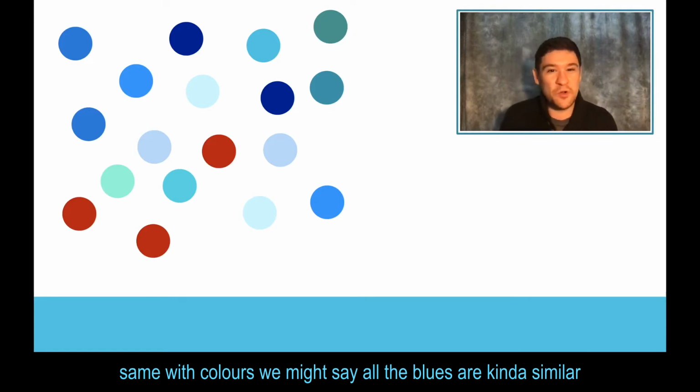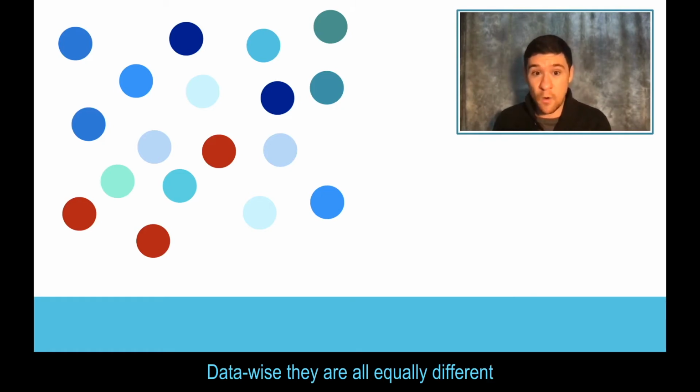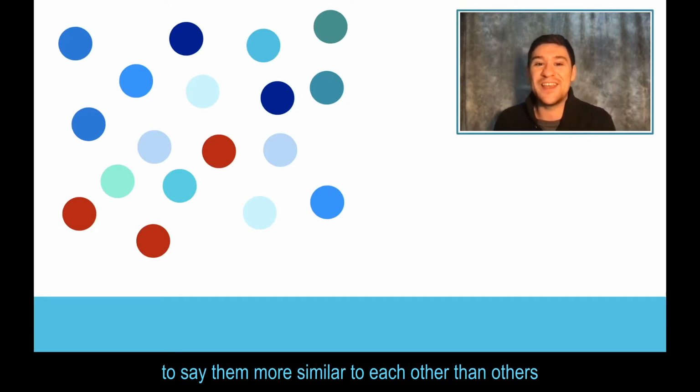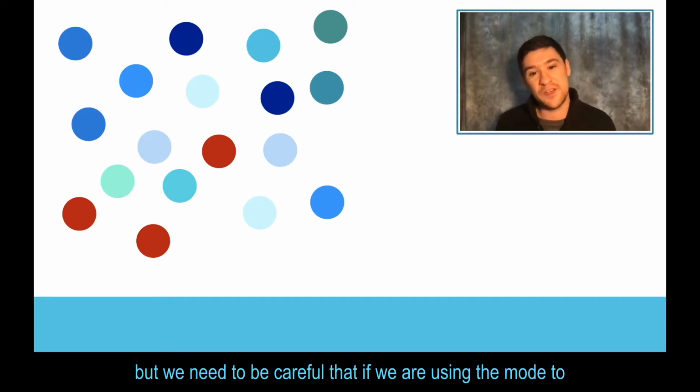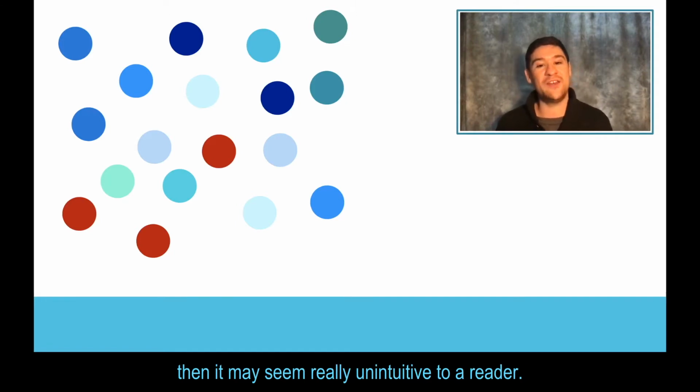Same with colours, you might say all the blues are kind of similar, but red is very different. Data-wise, they are all equally different. They are nominal data. It doesn't make sense to say they are more similar to each other than others. But we need to be careful that if we are using the mode to describe data that we as humans like to assign distances to, then it may seem really unintuitive to a reader.